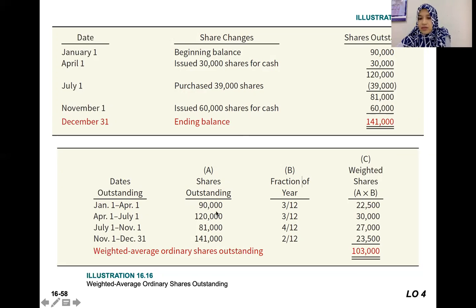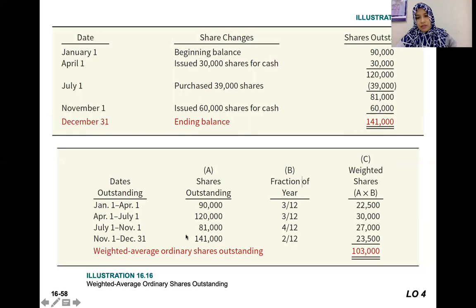So 120,000 we multiply by 3/12. And on July 1st, the number of outstanding shares becomes 81,000 because there are treasury shares of 39,000.